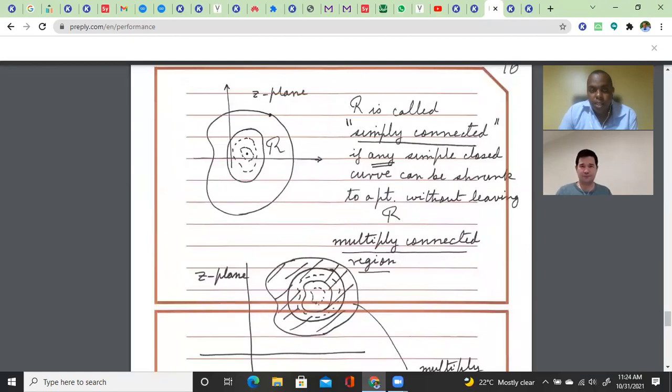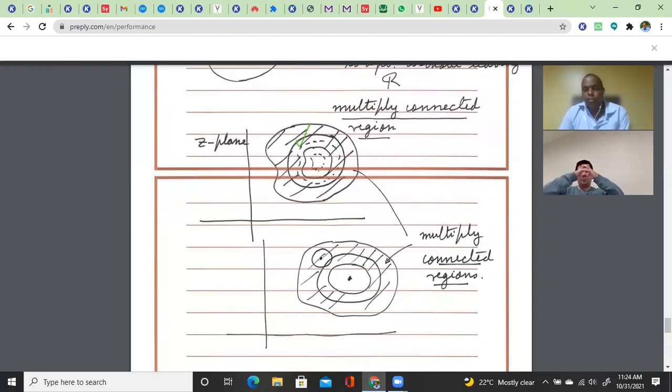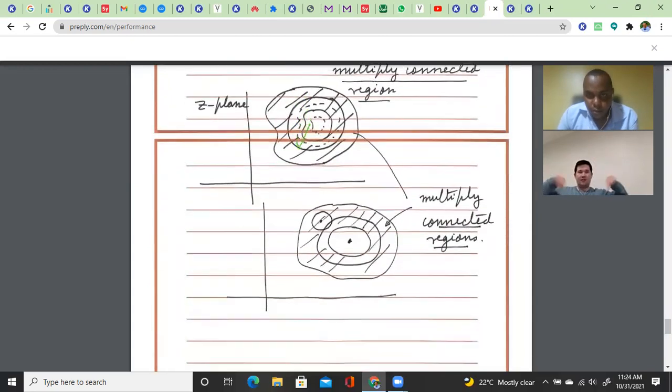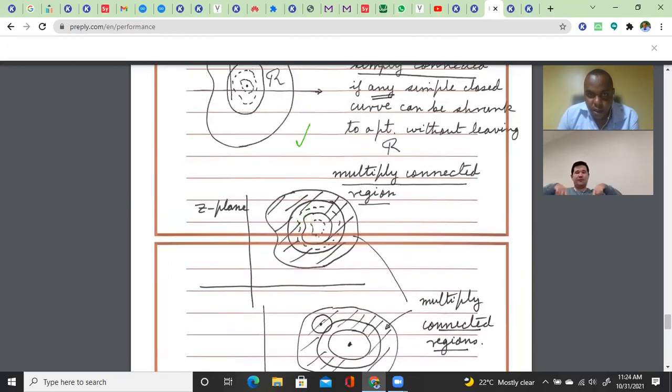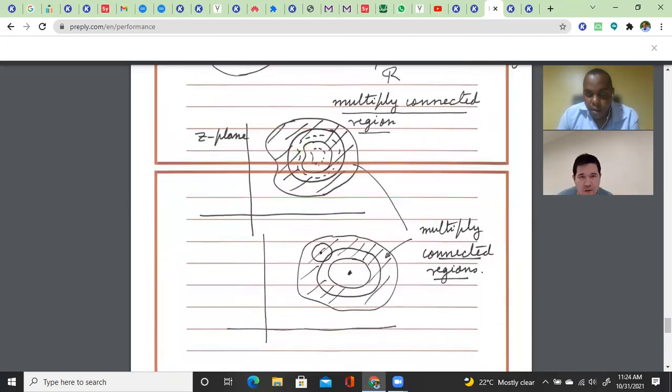Okay, so this one is clear to me. It's clear to me too, because we can make it smaller without leaving this R in the z-plane. How about the multiply connected region?